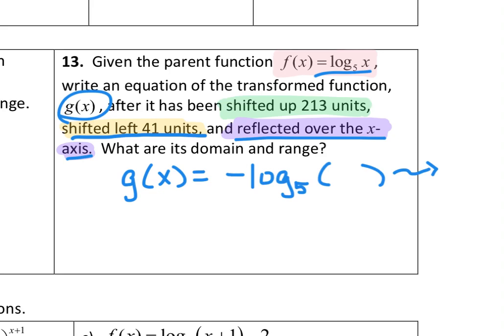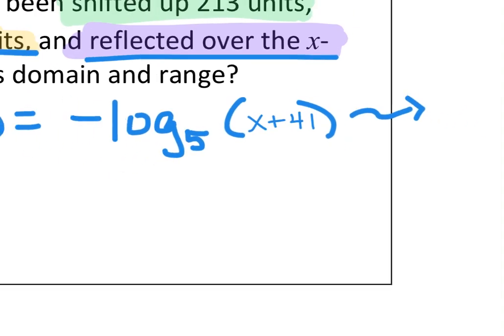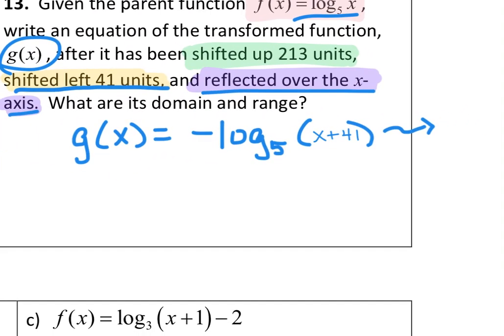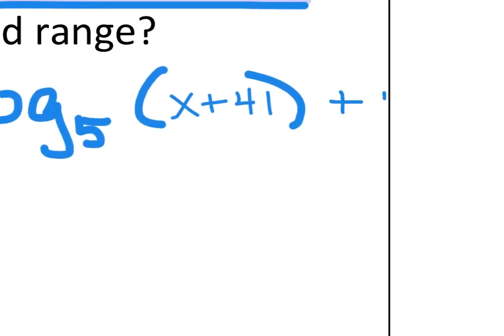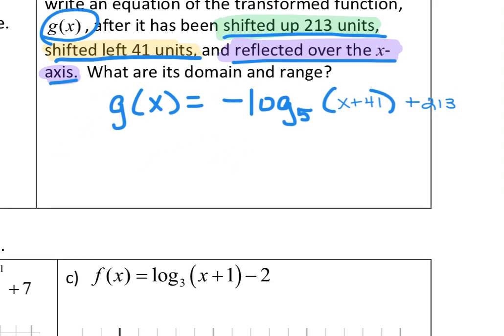Insiders lie, and so this is going to be x plus 41 inside the parentheses. But what I'm going to do then outside of the parentheses is I'm going to deal with the shifting up 213. So plus 213. And so that's your function.